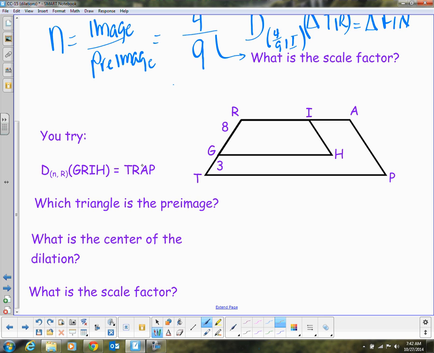TRAP is the pre-image? That is the pre-image. And this is the image. So is this an enlargement or a reduction? It's an enlargement. How do I do the scale factor?